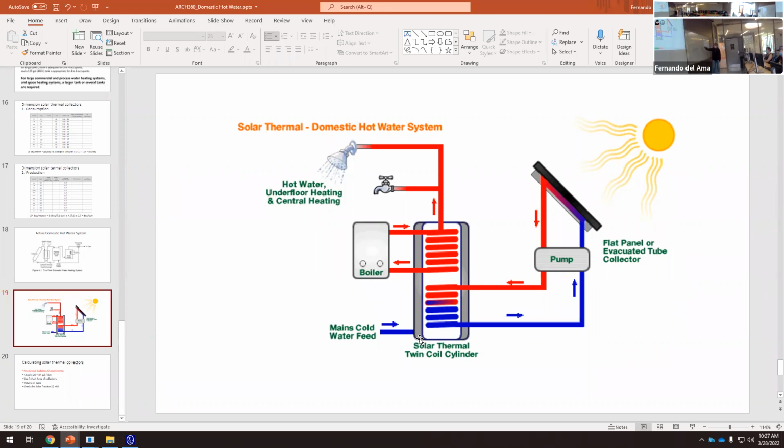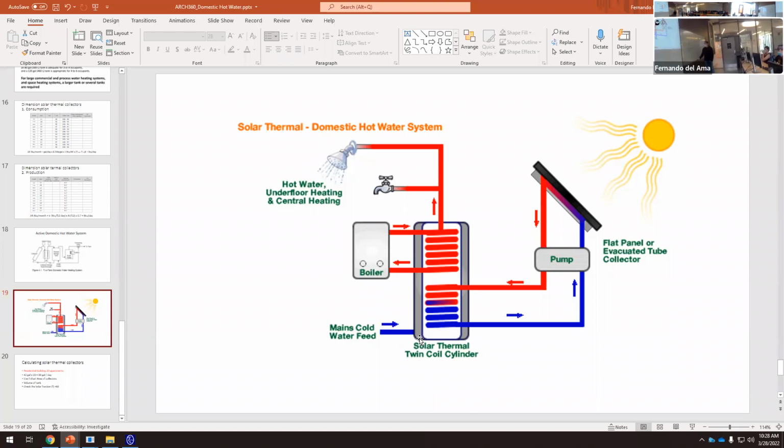We have water at one temperature here, and our goal is that all this heat is transferred to this water. So at the end, this water will be at 100 Fahrenheit, let's say. And then we need another boiler. This is the auxiliary boiler. And eventually the water will be at 140. Okay, so that's the system, and those are heat exchangers.